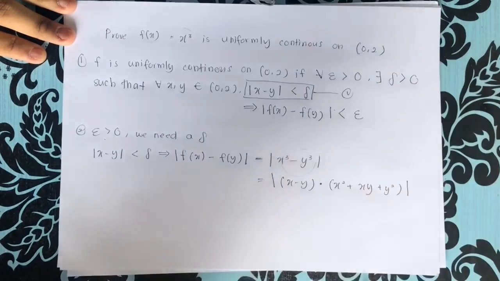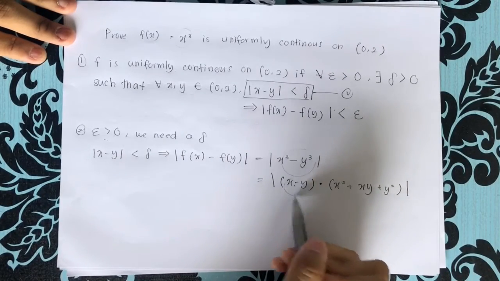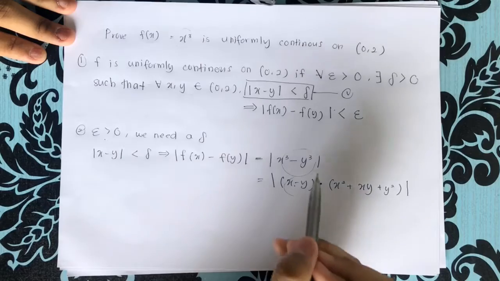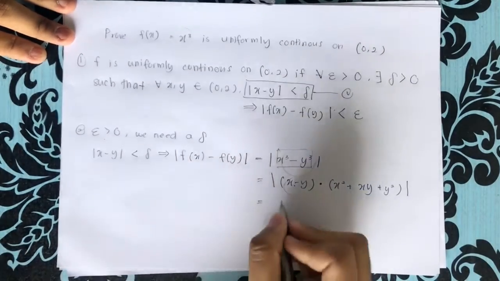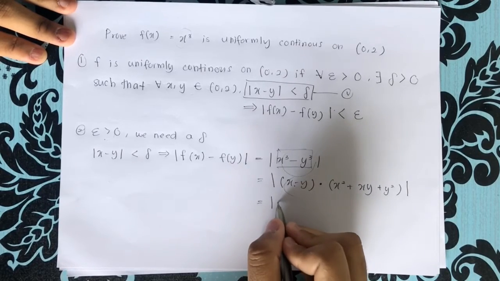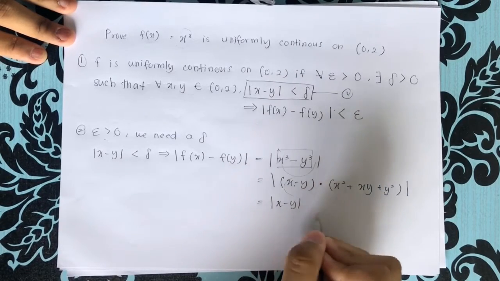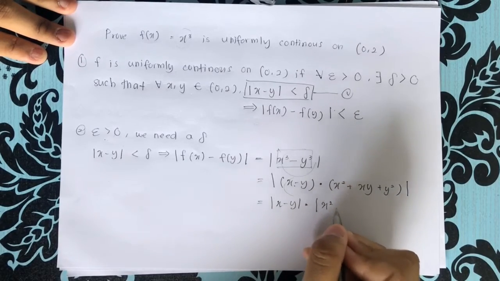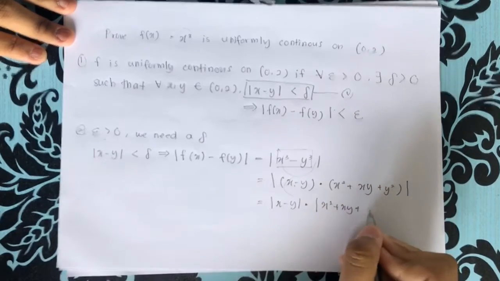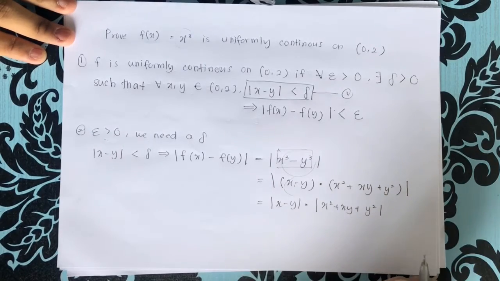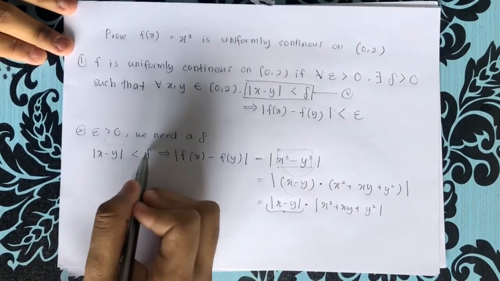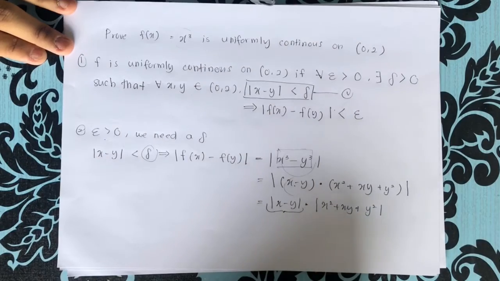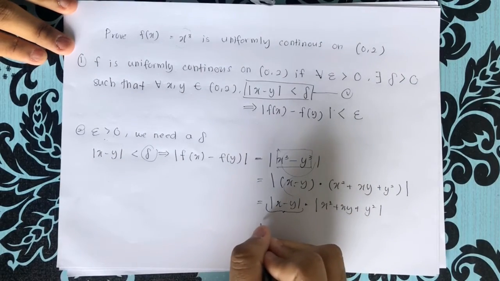If we multiply it by the original factor, we get this one. So now we separate them: absolute value of x minus y times absolute value of x squared plus xy plus y squared. We know the first part is less than delta.